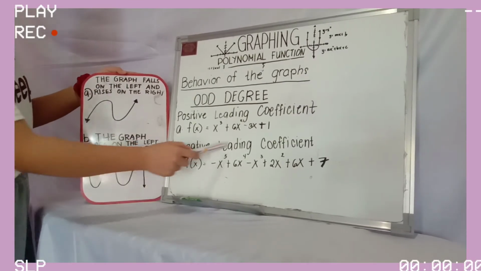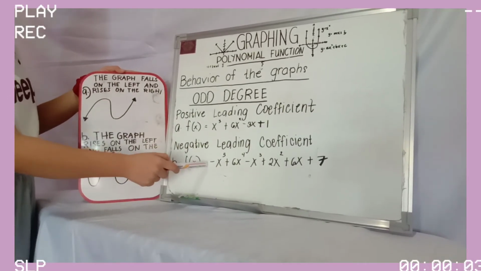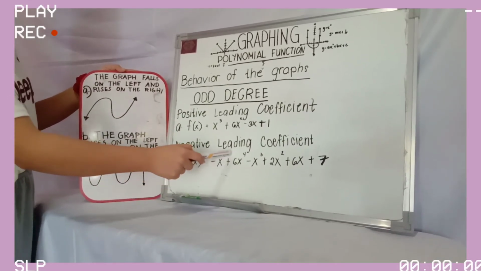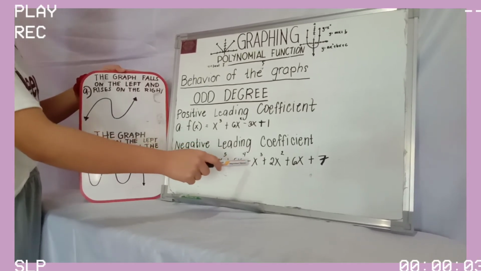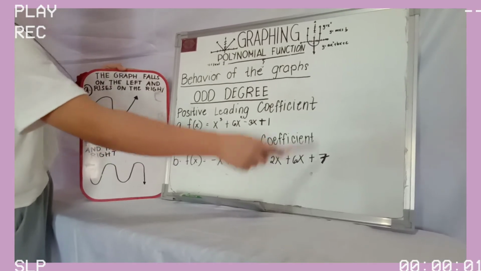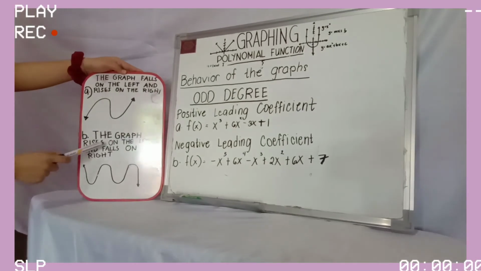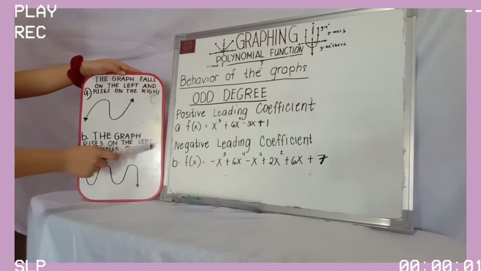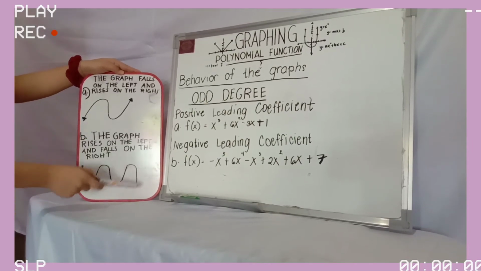For the negative leading coefficient, which is this one, f(x) equals negative x raised to the power of 5 plus 6x raised to the power of 4 minus x cubed plus 2x squared plus 6x plus 7, the graph rises on the left and falls on the right.